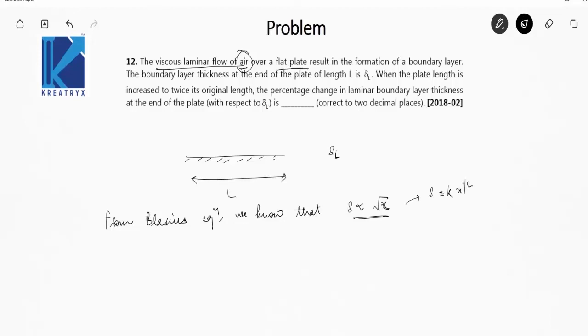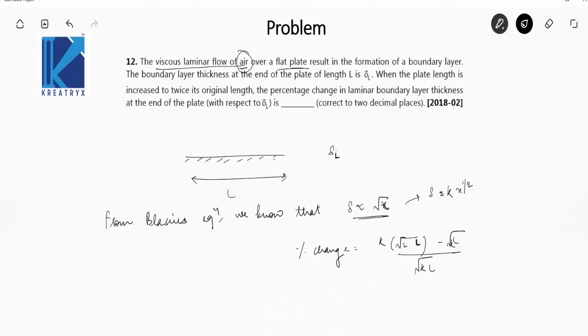So the percentage change will be k root 2L minus k root L, upon k root L.